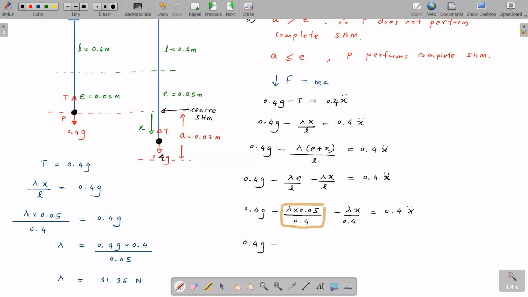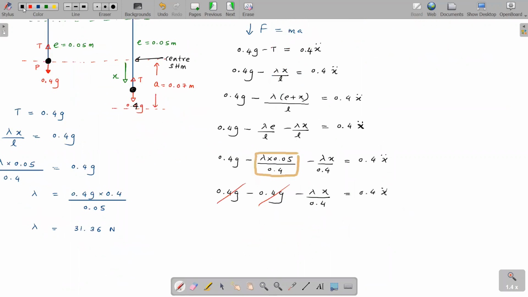So 0.4 g minus 0.4 g minus lambda x over 0.4 equals 0.4 x double dot. The 0.4 g cancels out. Replace the lambda value as 31.36: minus 31.36 x divided by 0.4 times 0.4 equals x double dot. So x double dot equals minus 196 x.